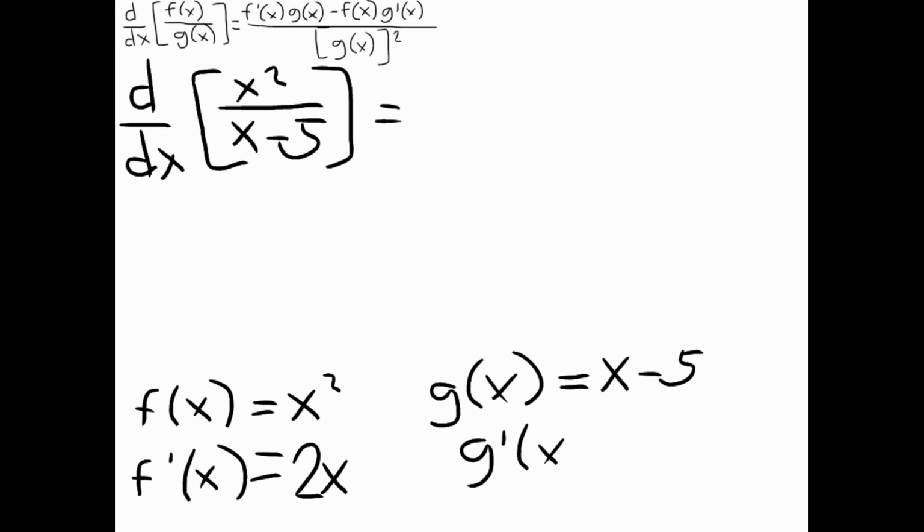So our f of x here is equal to x squared and f prime of x is equal to 2x. And g of x is equal to x minus 5, g prime of x is equal to 1.